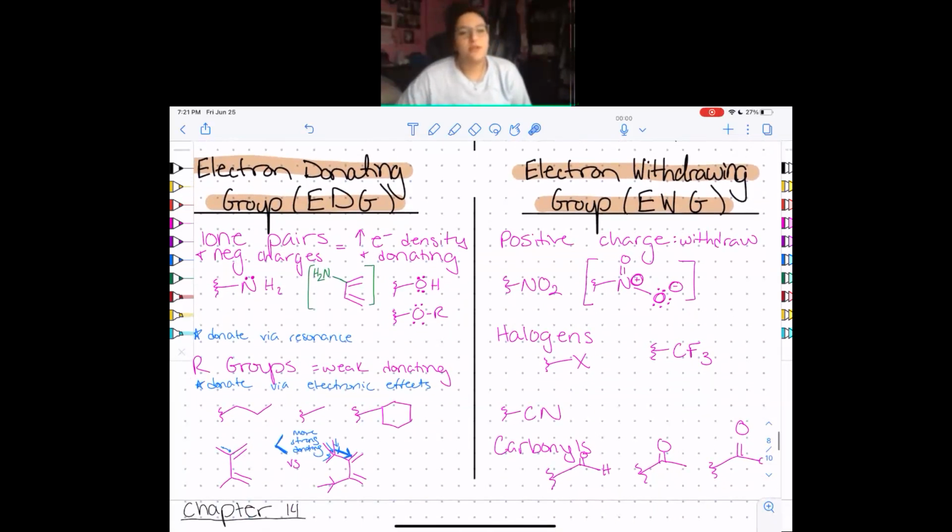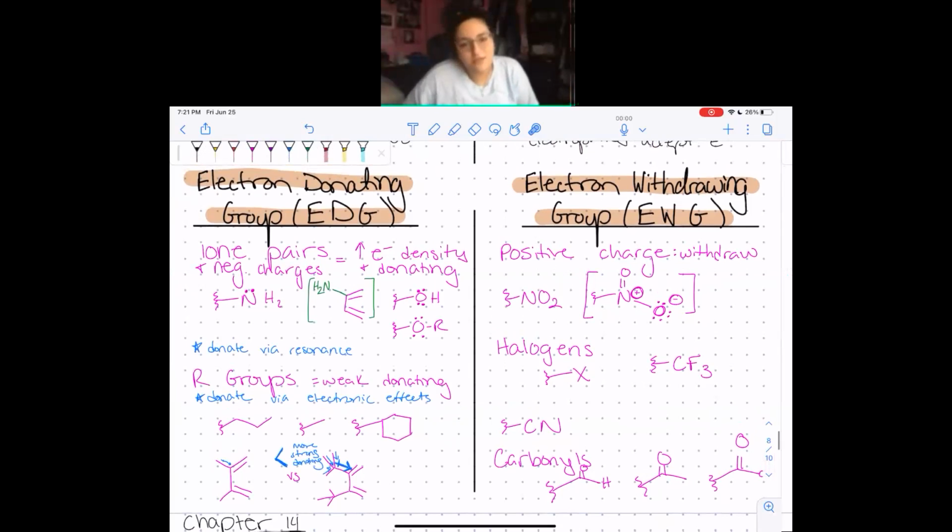So, electron donating groups are ones that donate electrons. Wow. And between the nucleophile and the electrophile, the nucleophile prefers donating groups. The reason for this is if you donate electrons, the double bonds have more density to attack with.